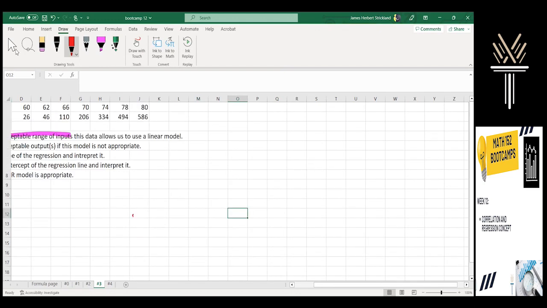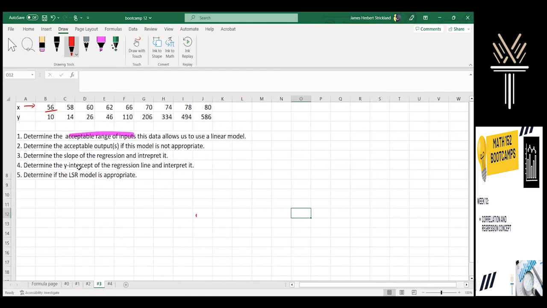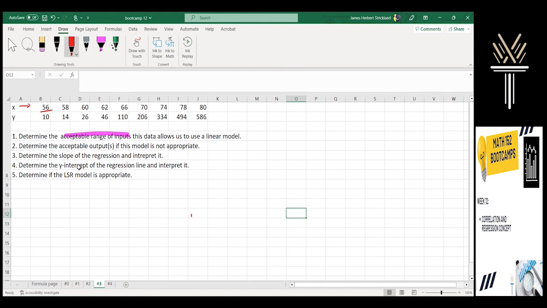And the largest x value is 80, right? So the range of acceptable values is 56 to 80. Anything outside of that range is simply inappropriate. So that's the minimum to maximum that we can talk about. They can ask you for any calculation as low as 56 and as high as 80. You just can't do any calculation after that.